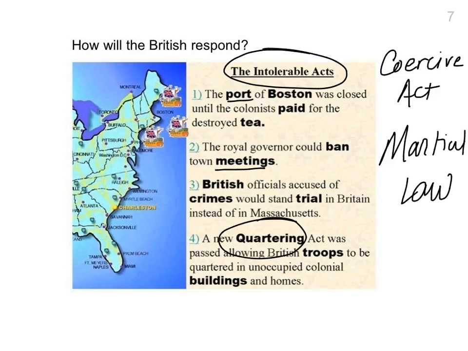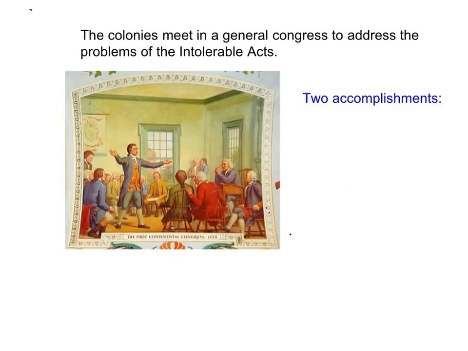So tensions are mounting, and most of the heart of the revolution at this point is in Massachusetts. In response to these intolerable acts, the Congress meets for another time at what's known as the First Continental Congress. So this happens in 1774 in the fall. Two major things are accomplished in this meeting.